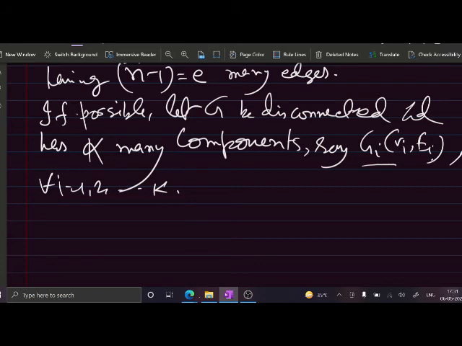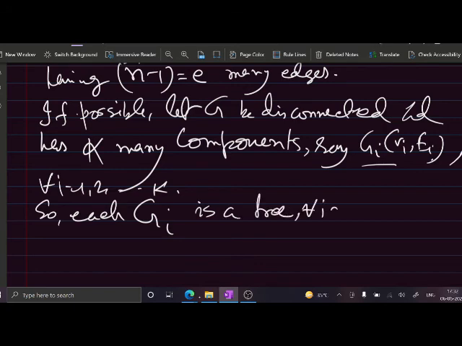Therefore each Gi is a tree for all i from 1 to k, and not only that, the number of vertices of the graph G must be equal to the sum of the number of vertices of each component, that is the sum of |Vi|.